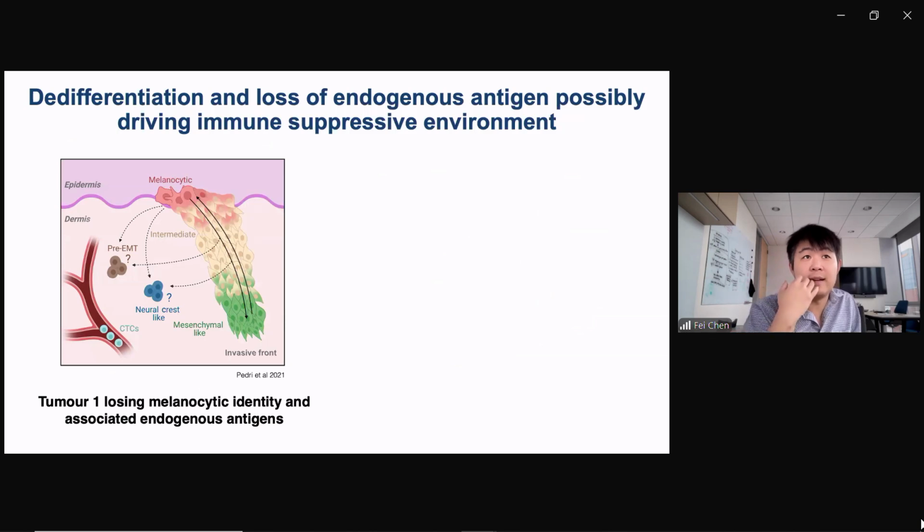One is that this tumor 1 state could be losing its melanocytic identity and associated endogenous antigens. Melanoma has this dedifferentiation phenotype where it can become more neural crest-like or mesenchymal-like through this dedifferentiation trajectory.